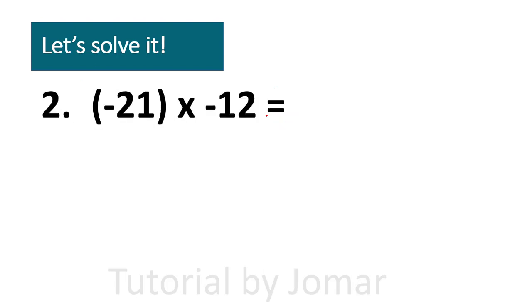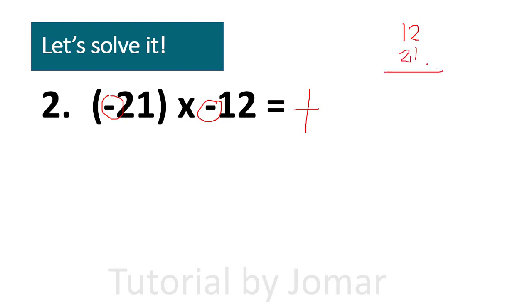Negative 21 times negative 12. Since we have the same sign, we have negative 21 and negative 12, ang magiging answer natin dito is a positive number. And then, i-multiply natin yung 21 tsaka 12. We have 12 and 21.